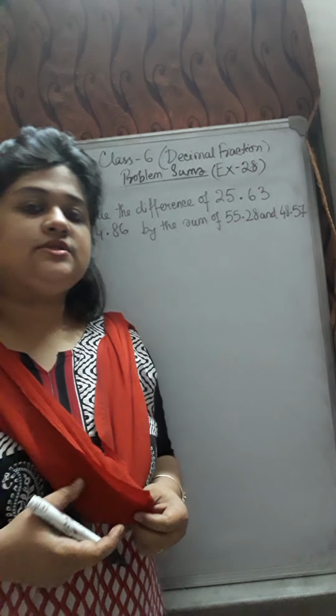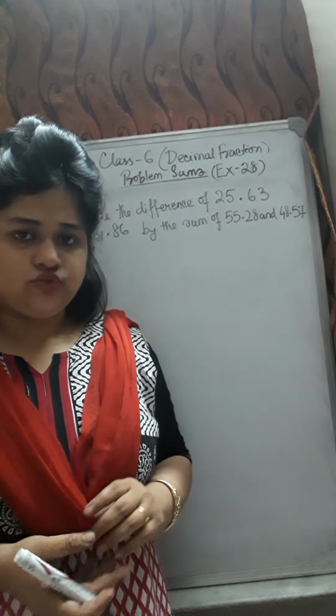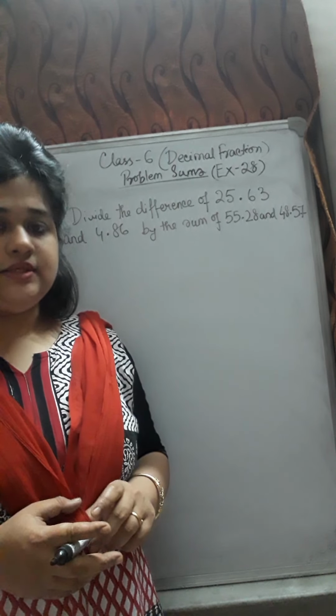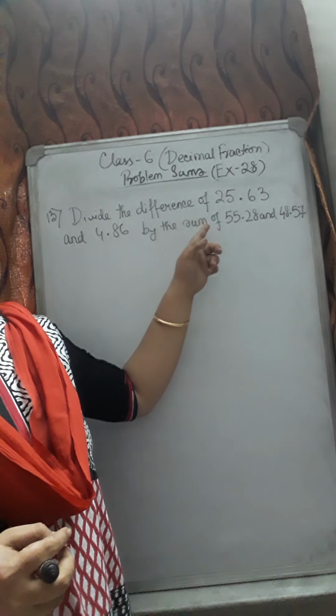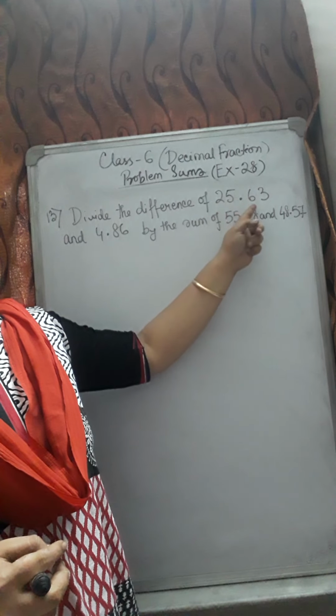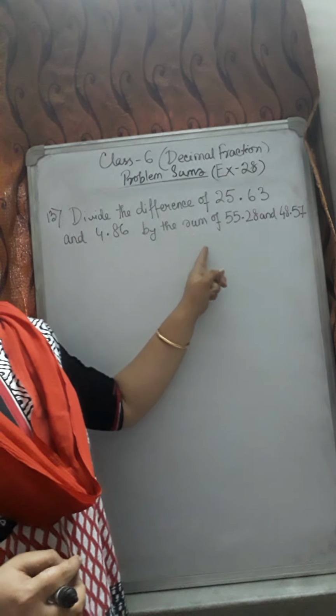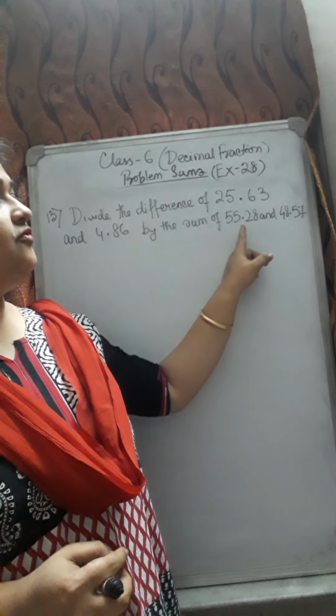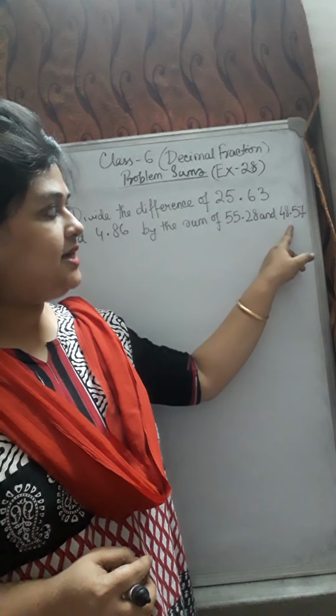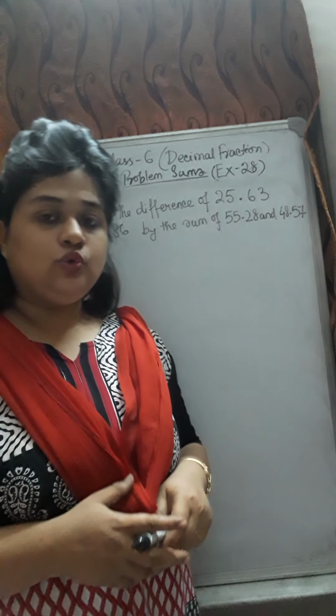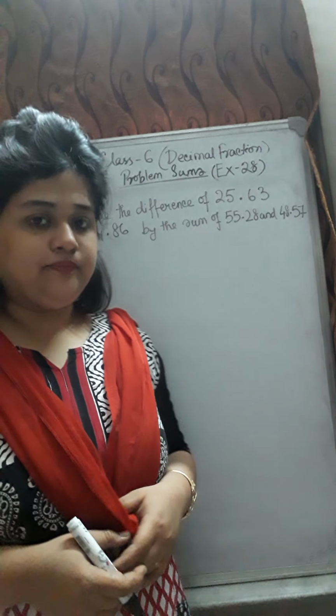Now this question, question number 13, is very straightforward and very easy. Divide the difference of 25.63 and 4.86 by the sum of 55.28 and 48.57. So what is given? Two parts are there.